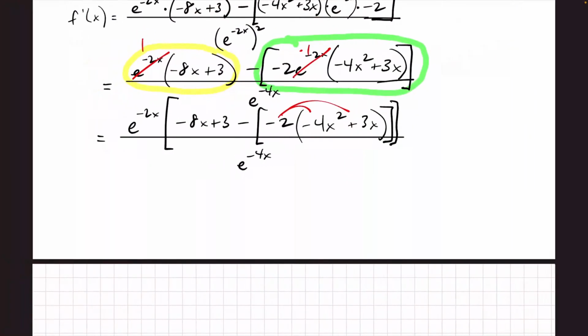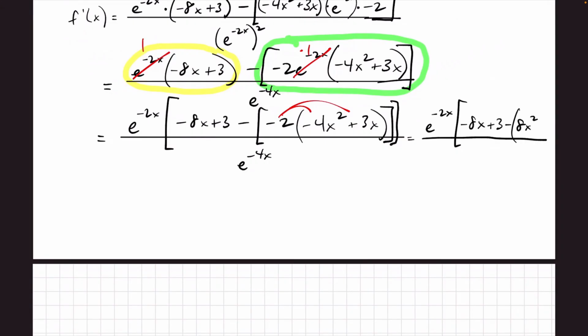Let's see if I can write it over here. So I have e to the -2x, -8x plus 3. Still have a minus, but now it's 8x squared minus 6x.